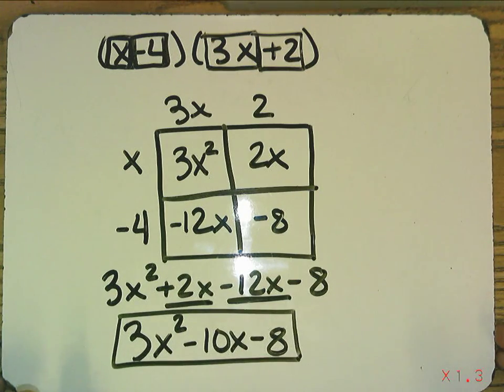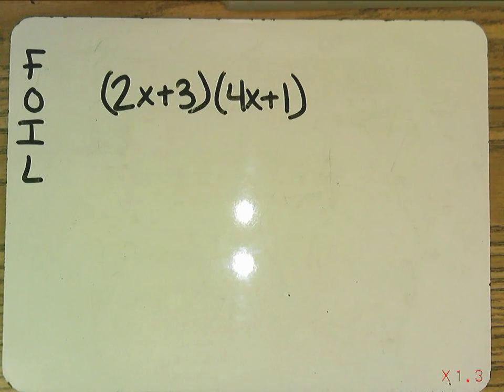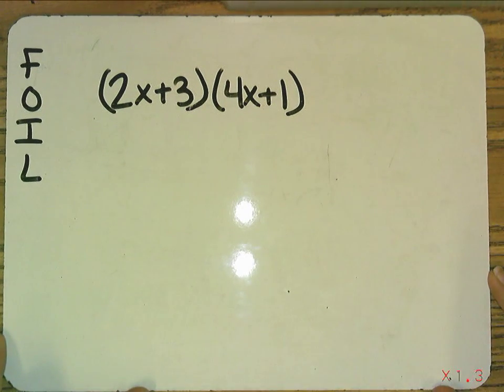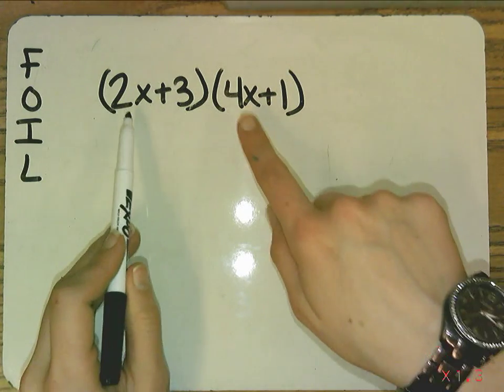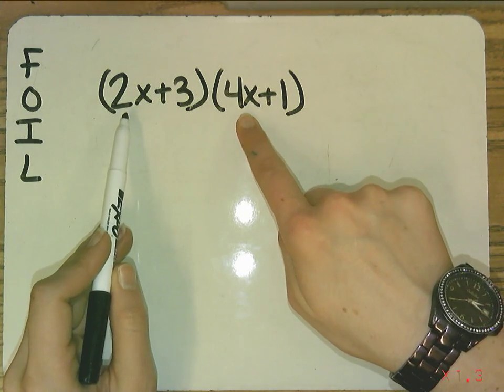That's the box method. The other method that you can use is called FOIL. So FOIL stands for first, outer, inner, and last. And it's essentially just distributing one at a time. So when we say firsts, we mean the first term in both of the binomials.